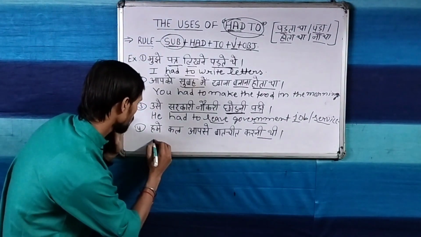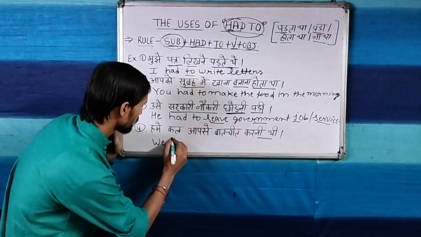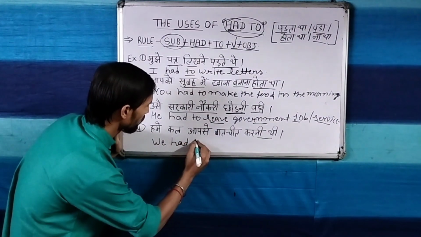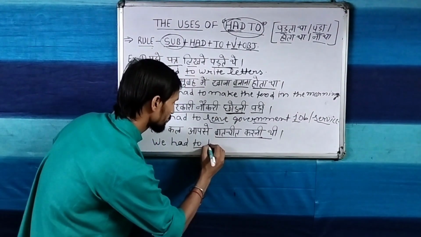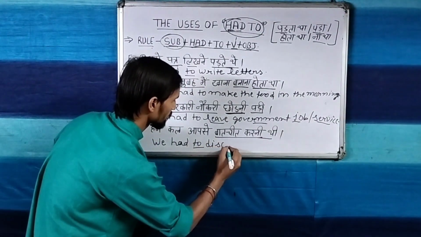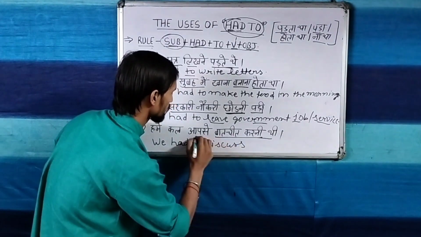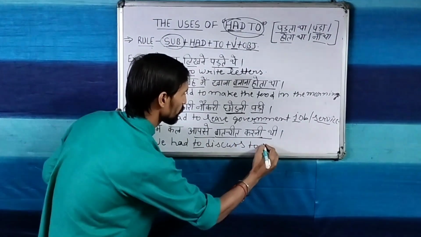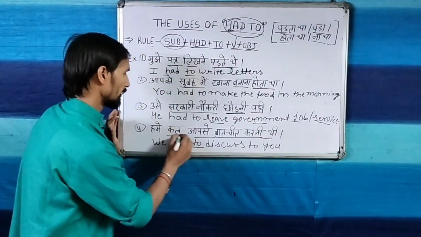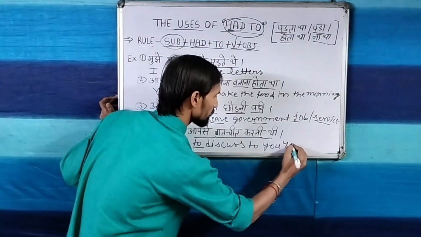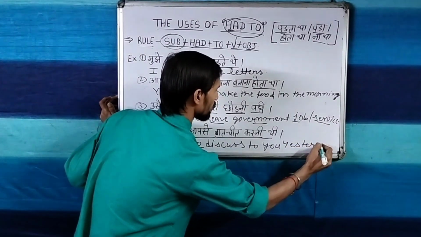Now take the subject: we, after we had, and then to. After to we are going to use बातचीत करना: discuss. We had to discuss आपसे, to you. We had to discuss to you कल. Time has been given, so yesterday.